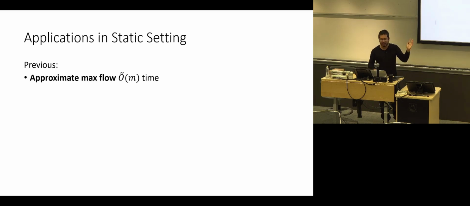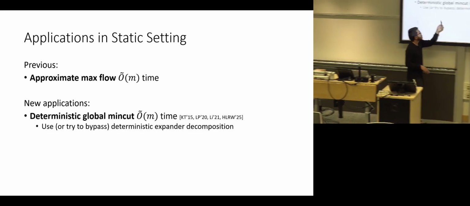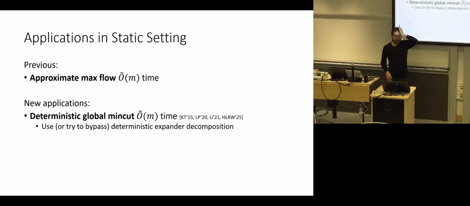But the impact of expander decomposition is not just this. We see that you can get approximate max flow, but there are many other applications actually. One is to compute global min cut. So what is this problem?